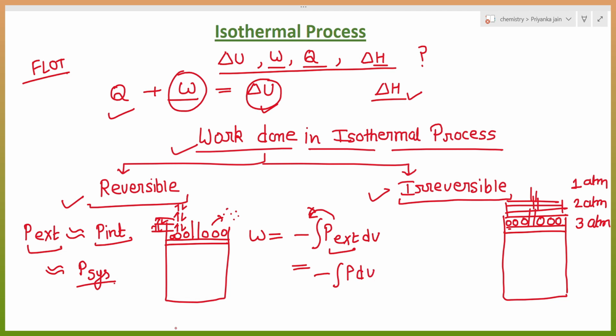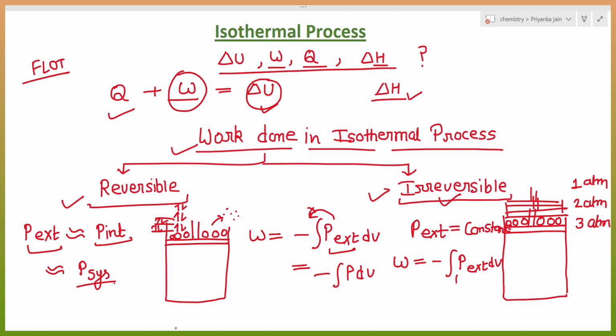But in the case of irreversible processes, when we are considering the irreversible process, our external pressure is constant. The pressure that we are putting here from the outside is constant. It can be 1 atmosphere, it can be 5 atmosphere, anything, but it is constant, we know. So here in this case, W is given by minus integration of P external dV.